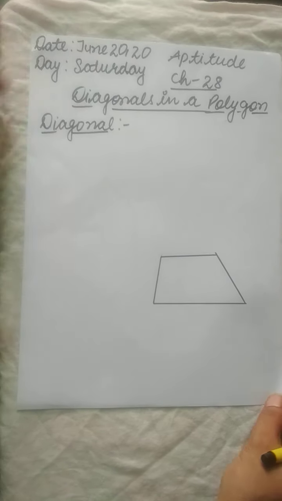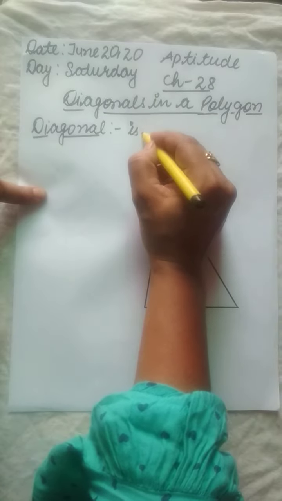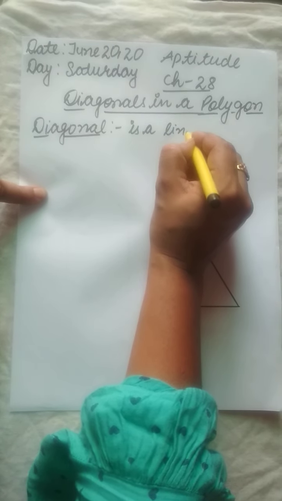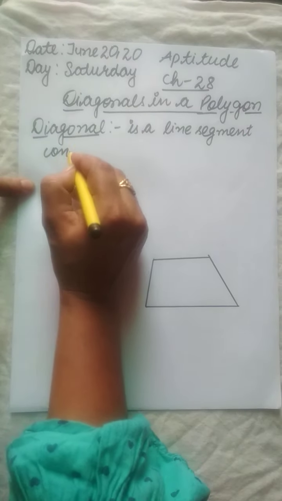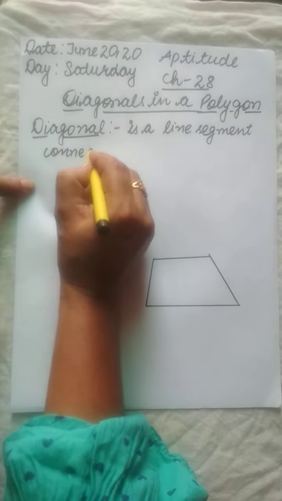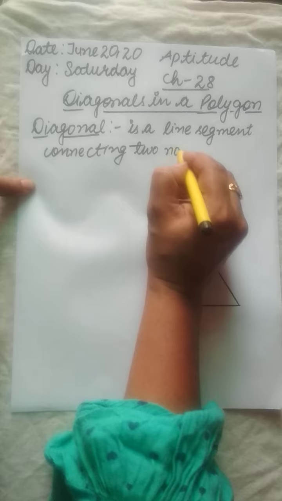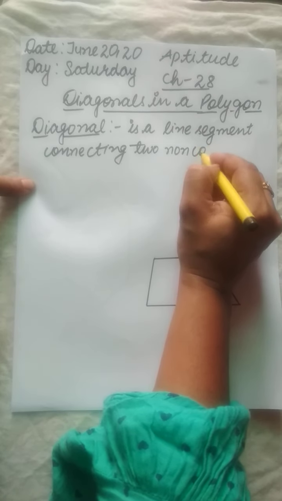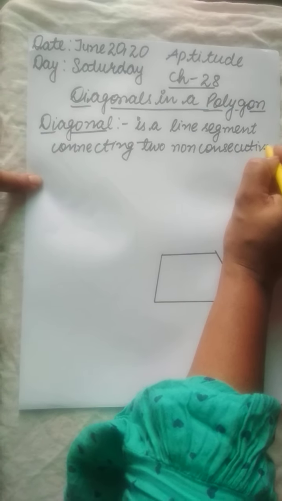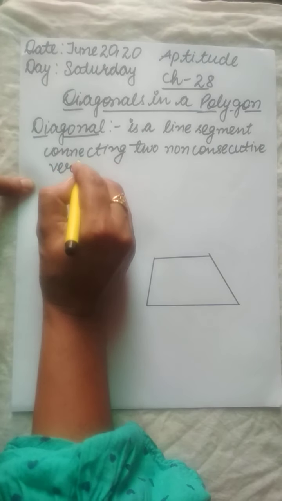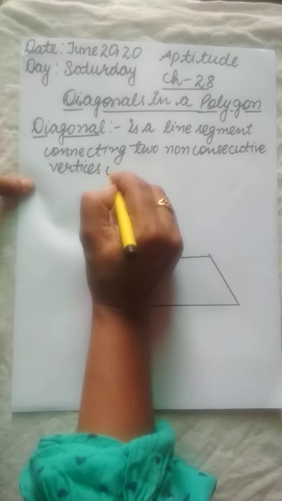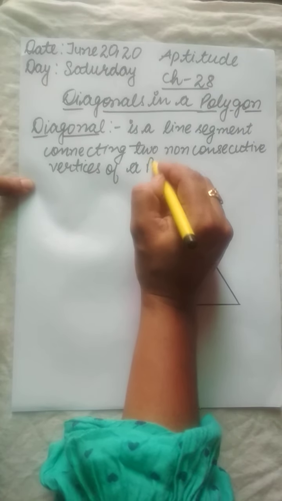A diagonal is a line segment connecting or joining two non-consecutive vertices of a polygon.